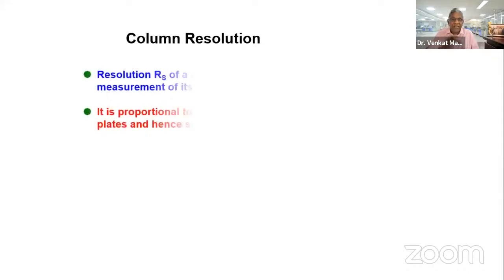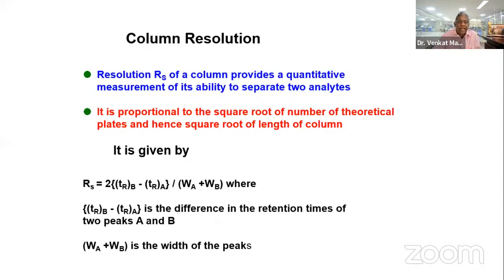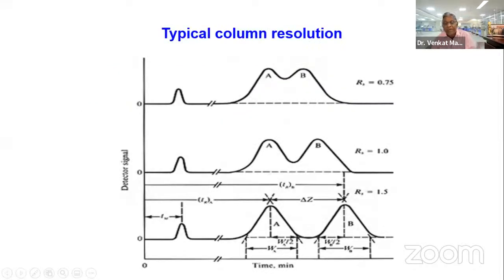This is where the alpha comes into the picture, and resolution is also directly proportional to the square root of the number of theoretical plates and the square root of the length of the column. It can be given by this equation: 2 into TRB minus TRA divided by the sum of the widths of the peaks. This is an ideal situation which most of you are familiar with.